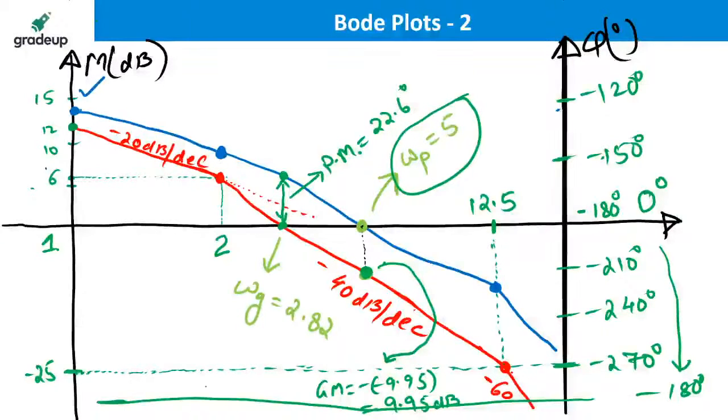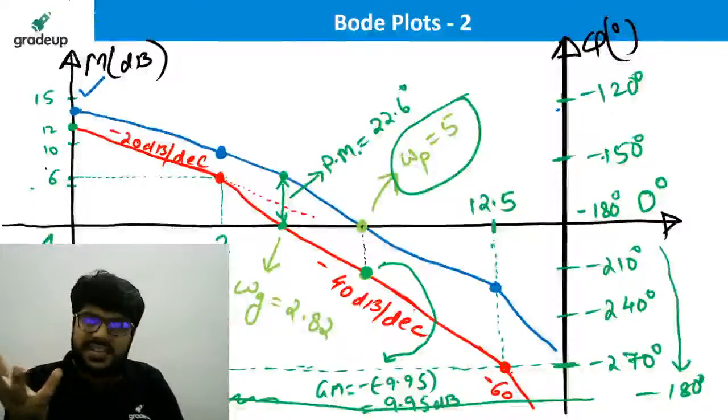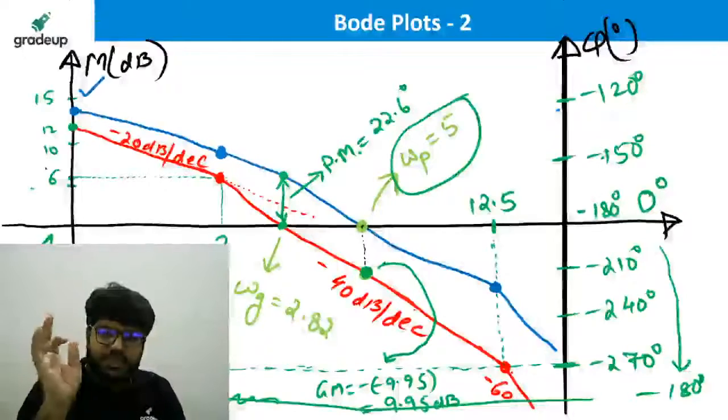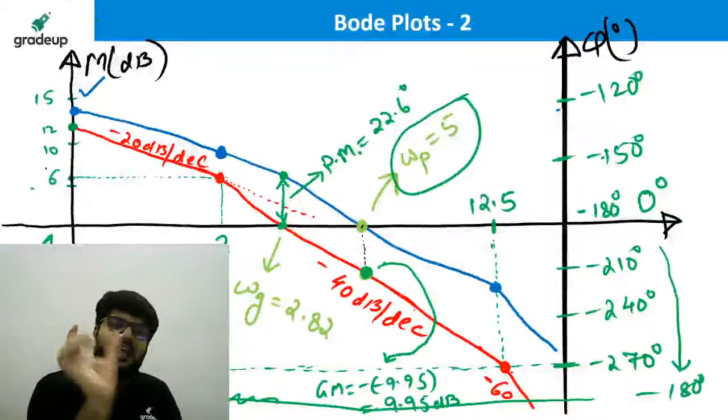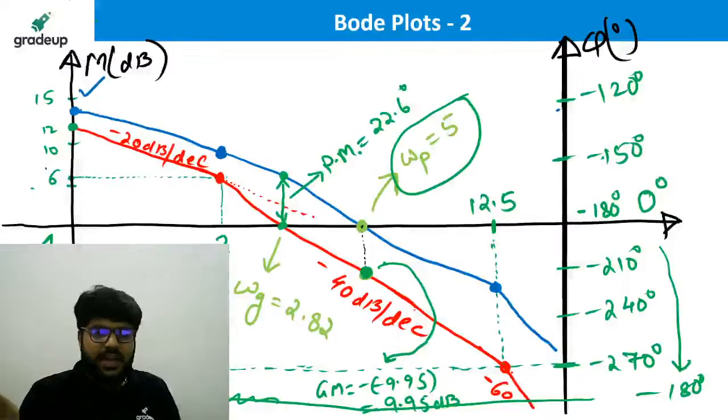Because one of the important reasons for studying Bode plots is the stability analysis based on omega p and omega g, I am interested in looking at omega g and omega p on the same axis.